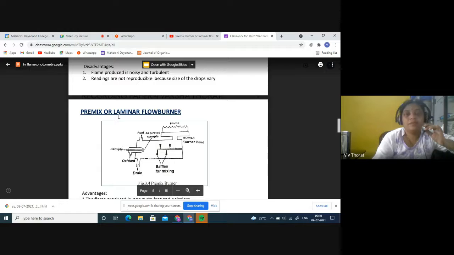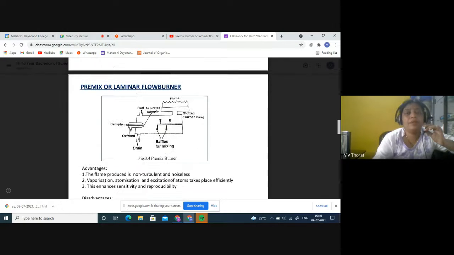So the burner is a premix. Premix means your sample component, your oxidant and fuel, all these three components are mixed before they enter into the flame. Here there is a flame at the top. So I repeat, your sample, your oxidant, meaning oxygen, and fuel, that is hydrogen, are premixed.